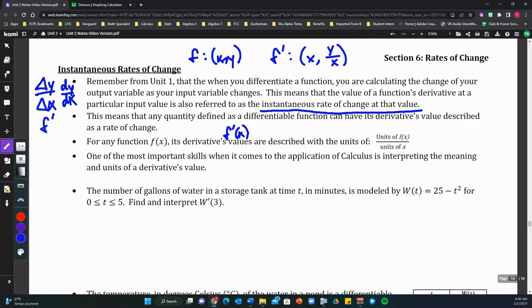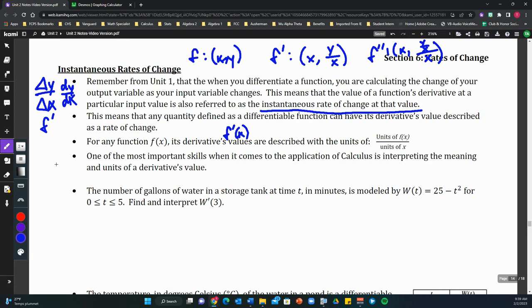If we continue on and look at the second derivative, f double prime, it would have points of still the same inputs, the same x values, but now we would be looking at the change in this, so the ratio of y over x divided by that x again. We can continue this process on and on for however many derivatives we can find for a given function.